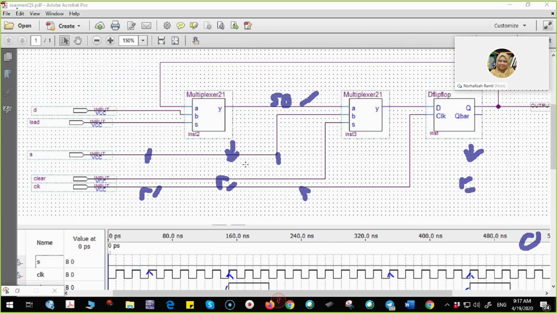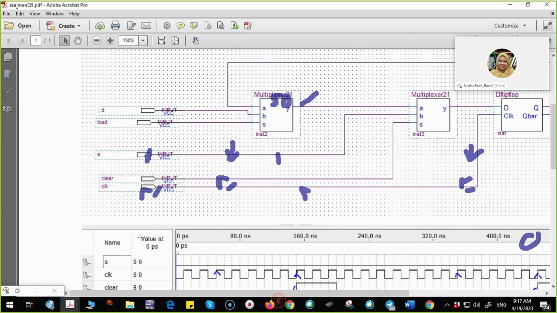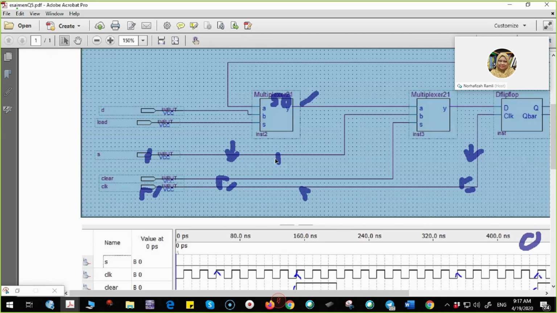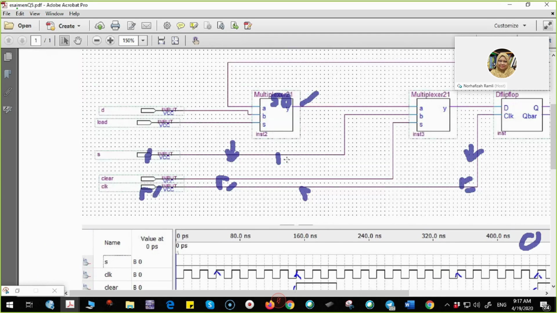But I think the clear here, who's this again? This one, kan? Another thing, because you want the function here to always be clear, you can just ground this B, supply 0 rather than S. Because if you show S in your answer, S meaning you supply input, it can be 0 or 1. But if you put ground, it means definitely when the clear is activate, you want it to be 0.